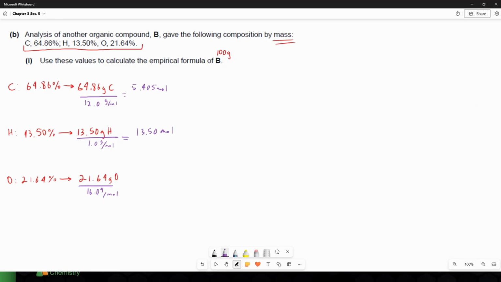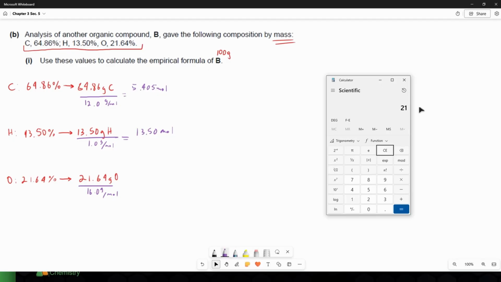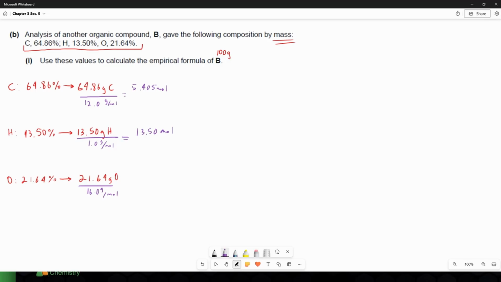And then 21.64 divided by 16 is 1.35, and we'll keep it to 3 decimal places, 1.353. So we have here 1.353 moles of oxygen.